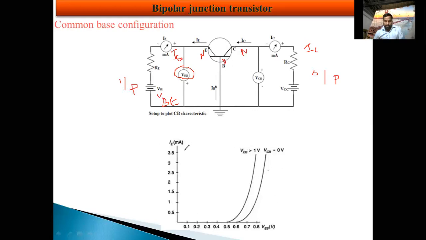This figure is shown in this slide. It tells the input characteristics of a common base configuration.